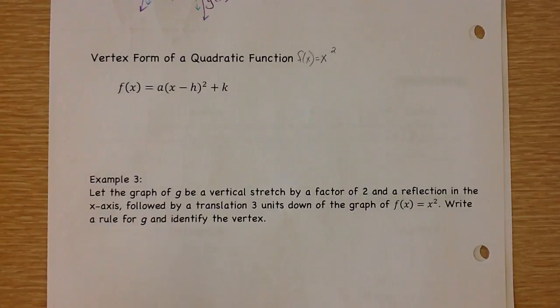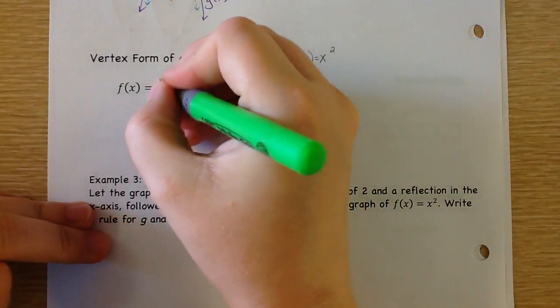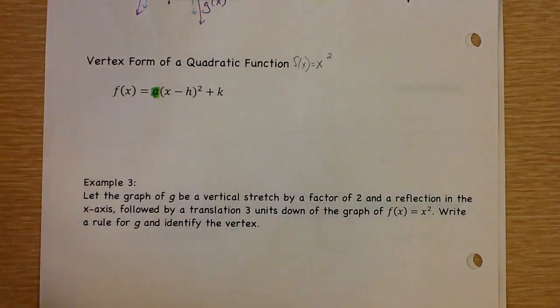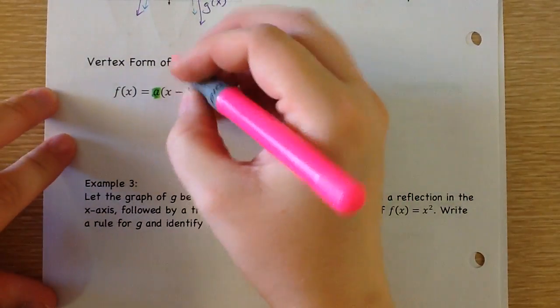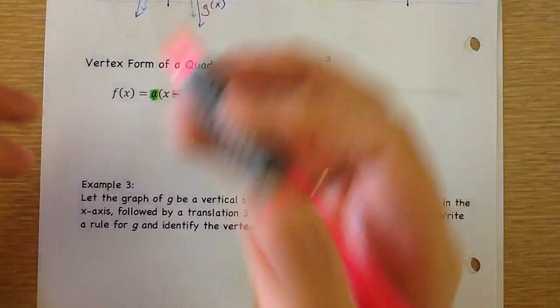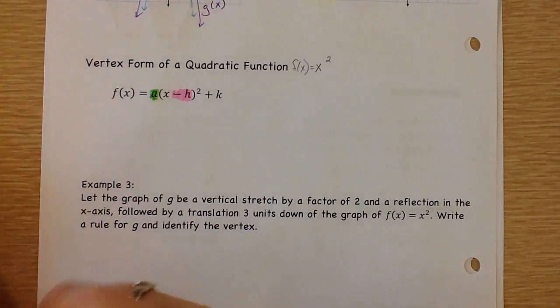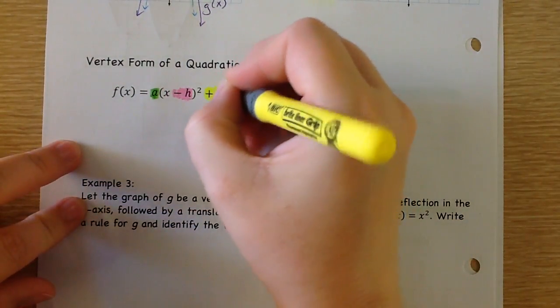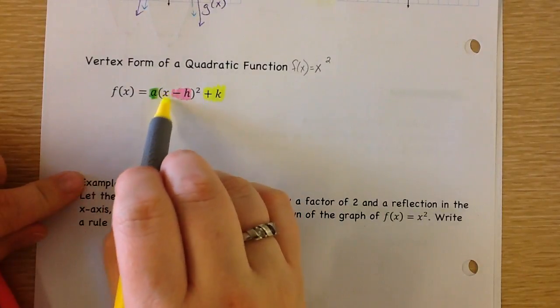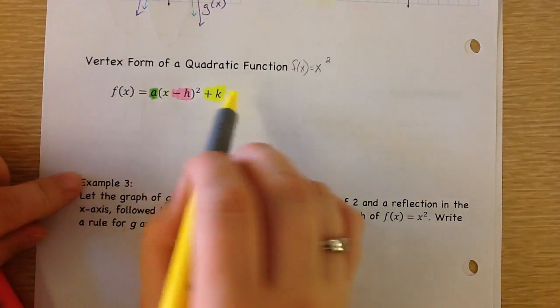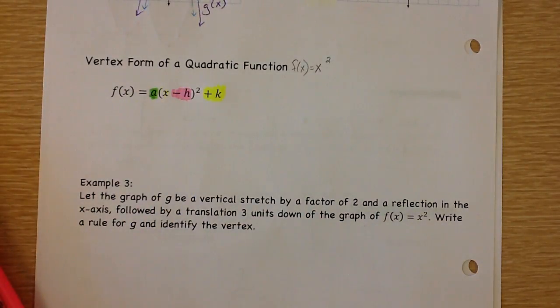All this is doing, again, a is just a number multiplied out front. The minus h in here is just a number added or subtracted inside. And the plus k is just my number added outside. So again here, x is really our variable. The a, the h, and the k are just how it's being translated.